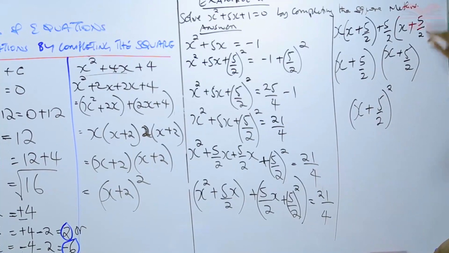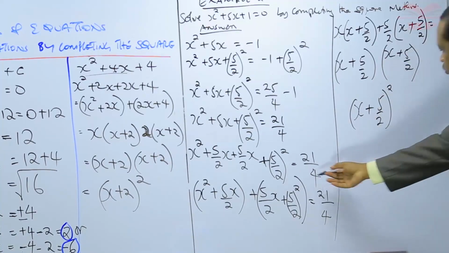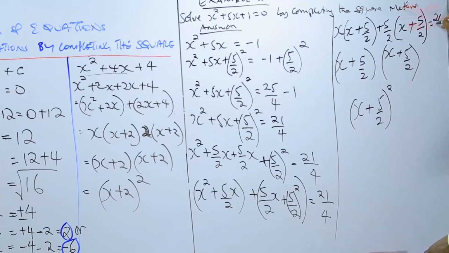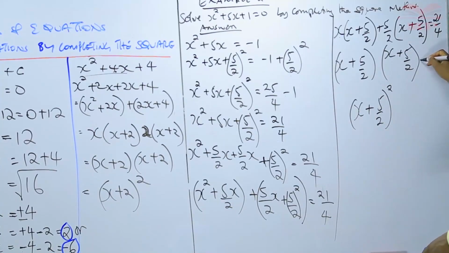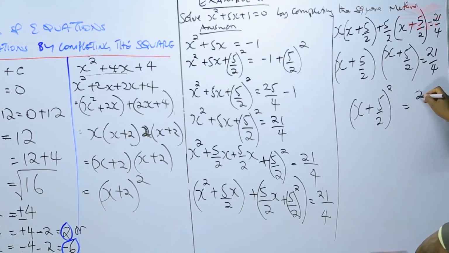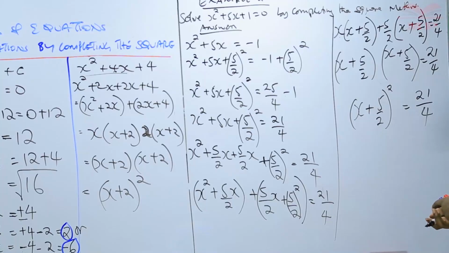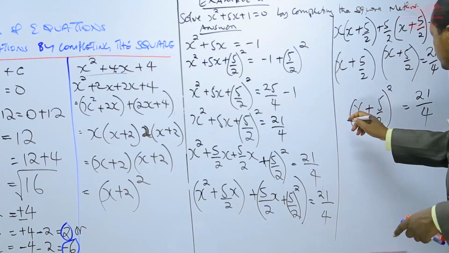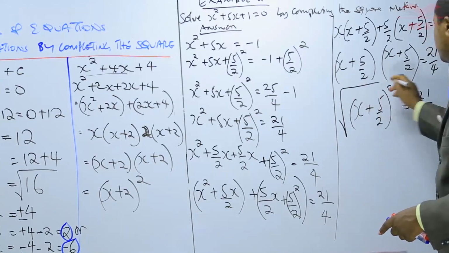Remember, this should be equal to 21 over 4. So taking the square root on both sides, that's the next step.